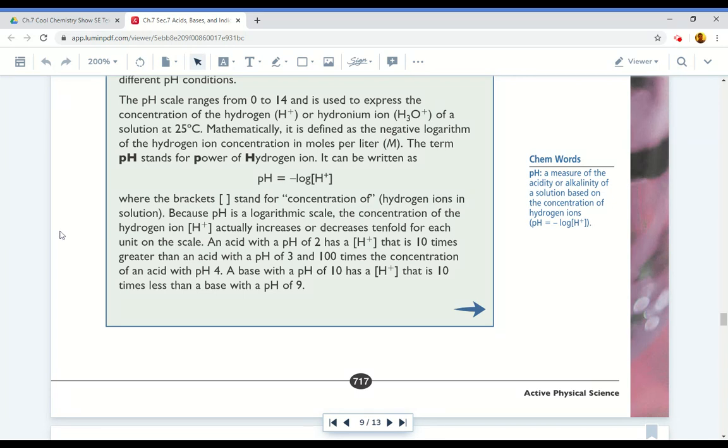A base with a pH of 10 has a concentration of hydrogen ions in solution that is 10 times less than a base with a pH of 9.